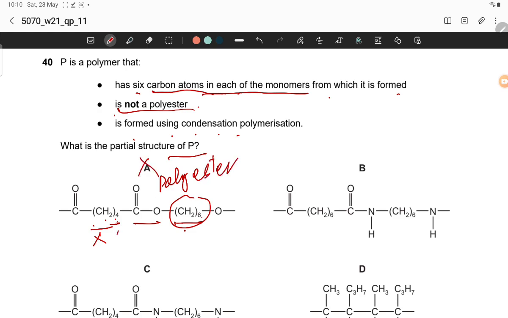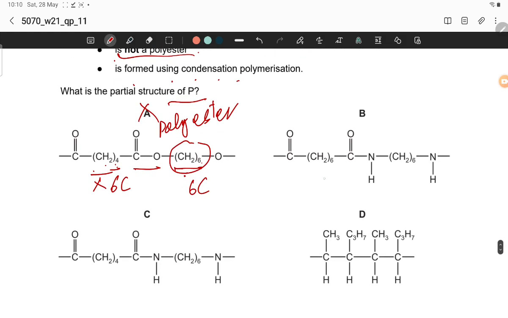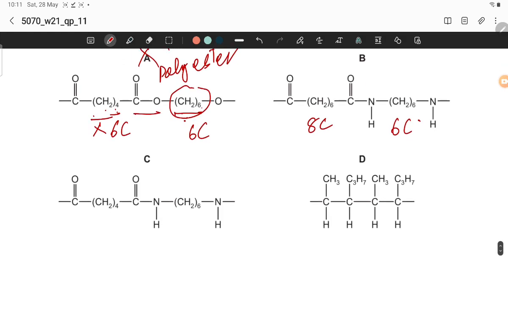Even though there are 6 carbons over here, 6 carbons over here, it is formed using condensation. This is 8 carbons over here, 6 carbons and 6 carbons, and it is not a polyester, so C must be correct.